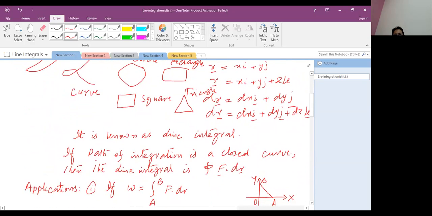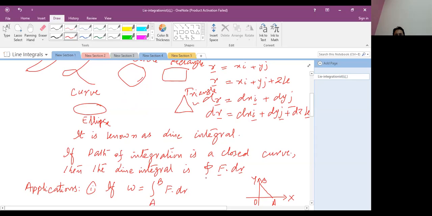Now, if the path of integration is a closed curve, like a rectangle, a triangle, a square, a circle, or an ellipse, then the path of integration is called a closed curve.